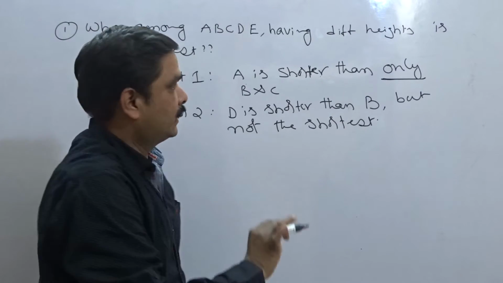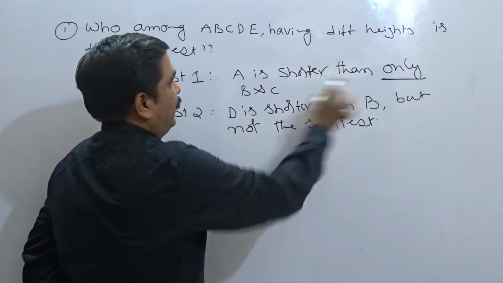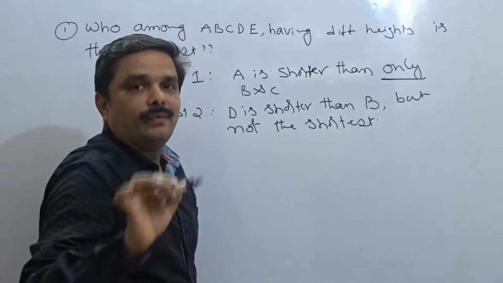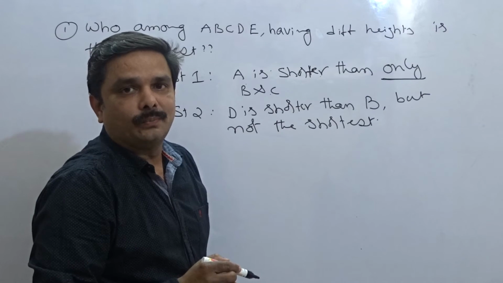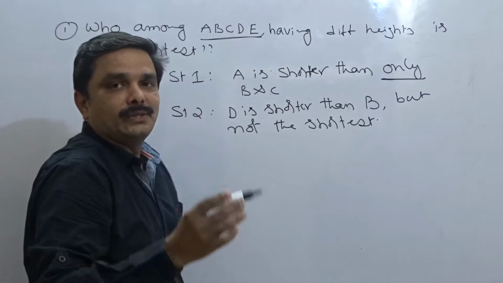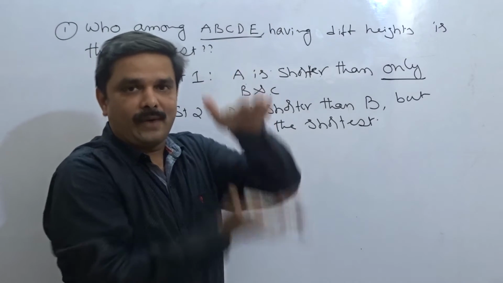Quite simple. Just first we'll do it in this way. Let us take this statement without only and after that with only. What's the difference between these two? Since there are 5 candidates they have given, comparison must be taken among the 5 now, right?